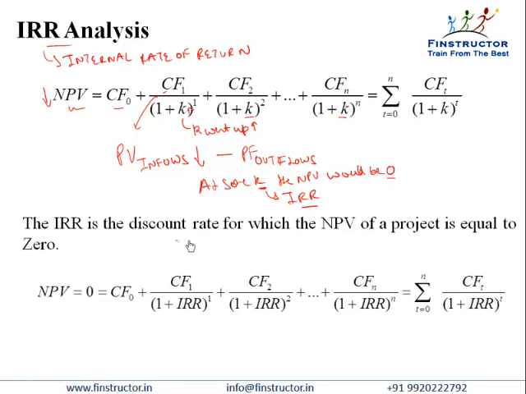So the IRR is the discount rate for which the NPV of a project is equal to 0. So if we compute the NPV using the discount rate as the IRR, then the NPV would come out to be 0.